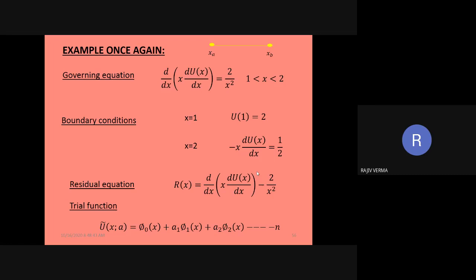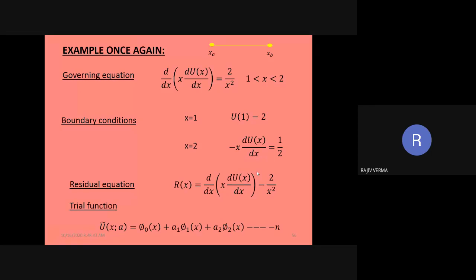And since the exact solution u is being approximated by a polynomial given by u bar, the moment you substitute u bar in the governing equation, it is going to give you a residual which is not going to be equal to 0.